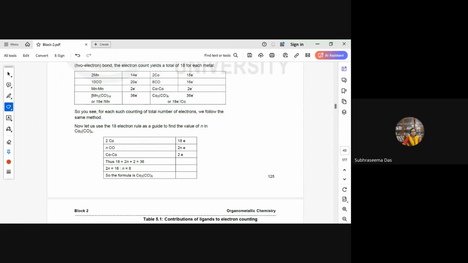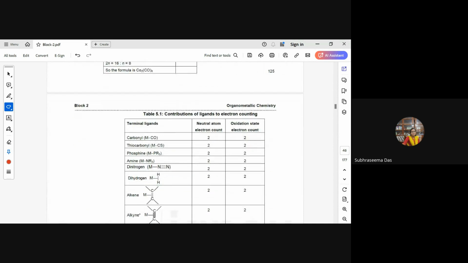Here in one case, an example has been shown for Co2(CO)8 and how the 18 electron rule is followed. In table 5.5, the contributions of the ligands to electron counting are listed. For the carbonyl ligand, the electron count is 2. For thiocarbonyl it is 2, for amine it is 2.